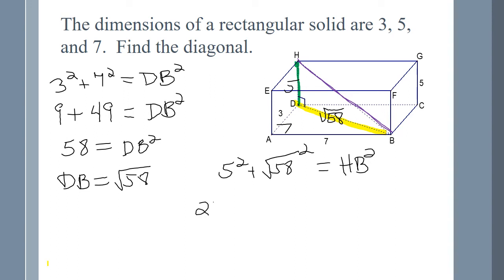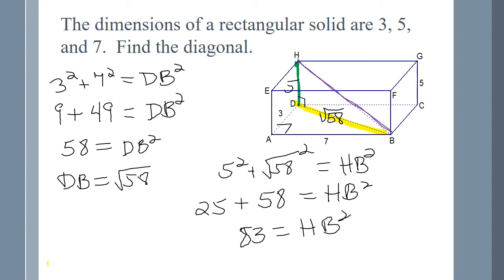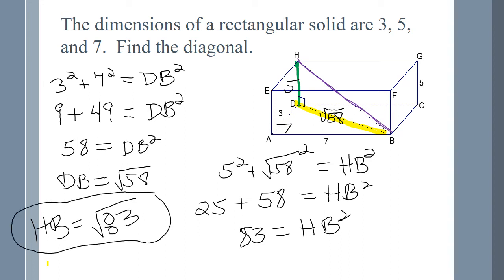So 25 plus 58 equals HB squared. 25 and 58 is 83, right, equal to HB squared. Therefore, HB is equal to the square root of 83. And that's our final answer.